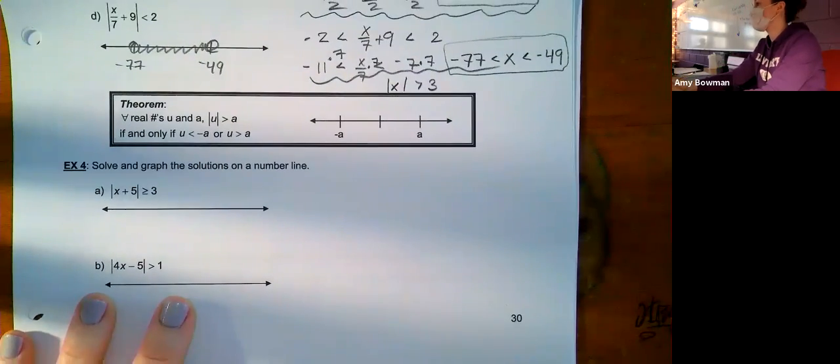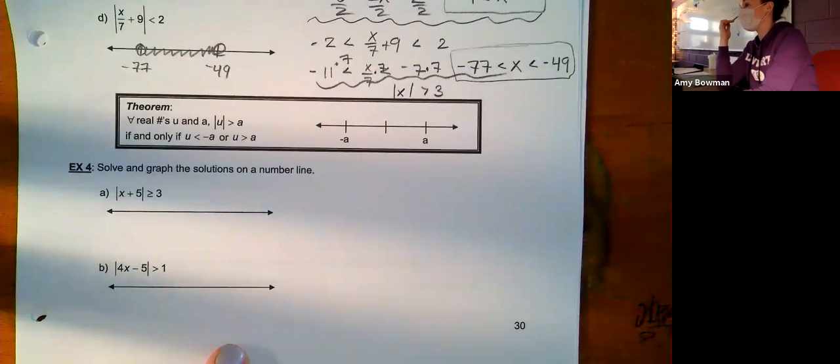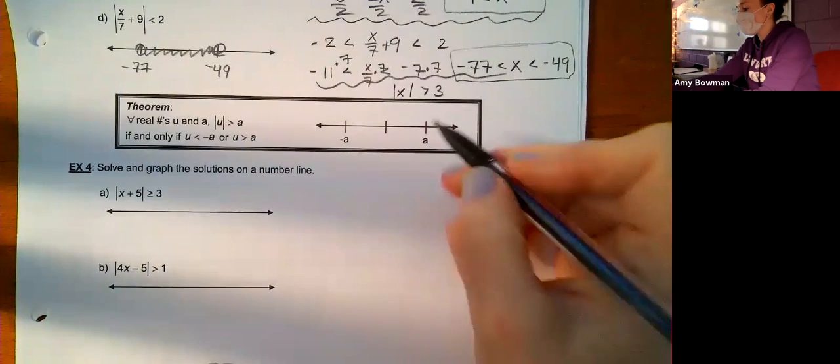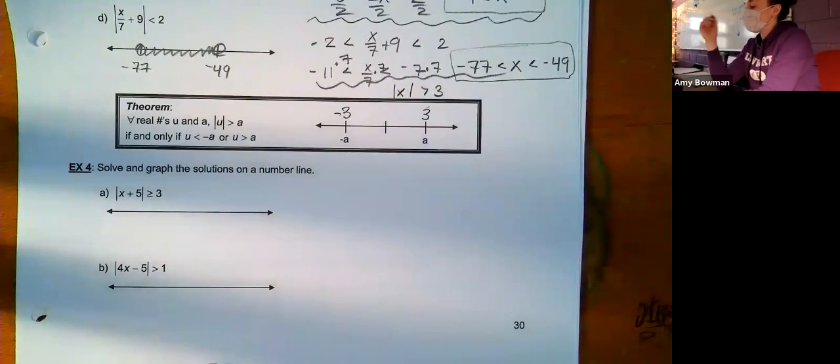So think distance from 0 every time you see absolute value. In my head, I replace it with distance from 0 is greater than 3. So visualize what that would mean on a number line if this was 3. Tell me about possible values of x. If its distance from 0 was more than 3 away.